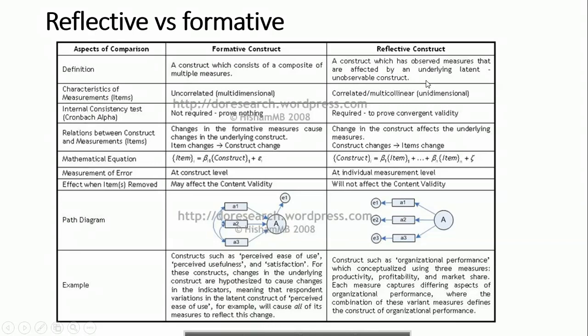An example for formative constructs is organizational performance, conceptualized using three measures: productivity, profitability, and market share. Each measure captures a different aspect of organizational performance, where the combination of these different measures defines the construct of organizational performance.